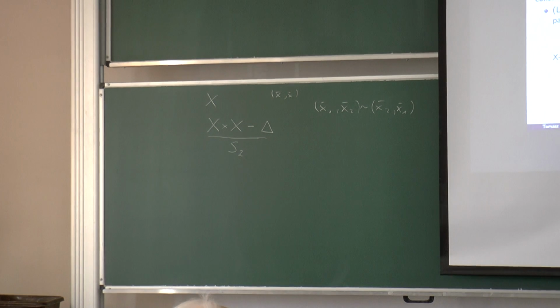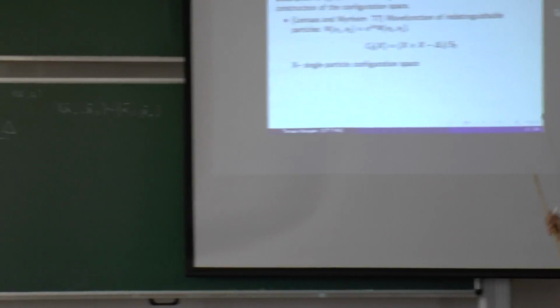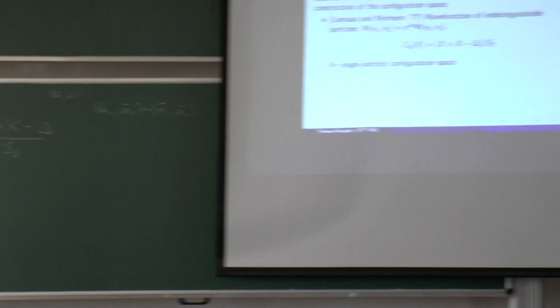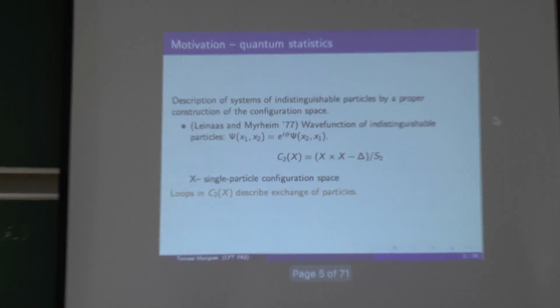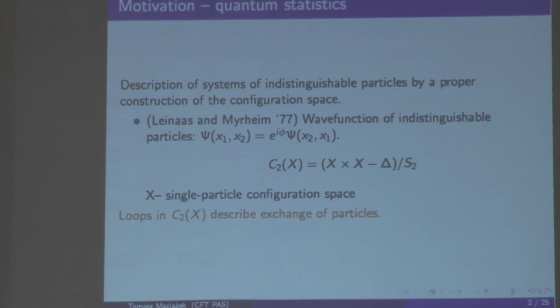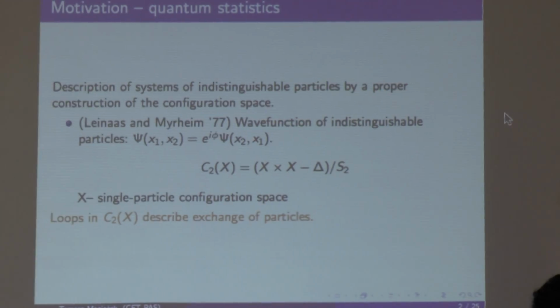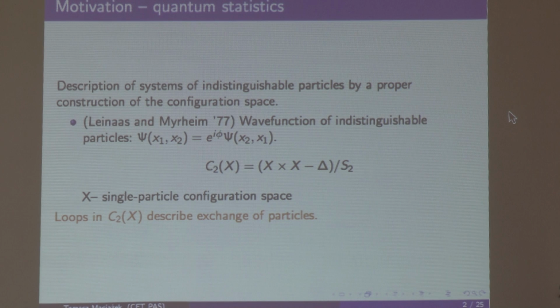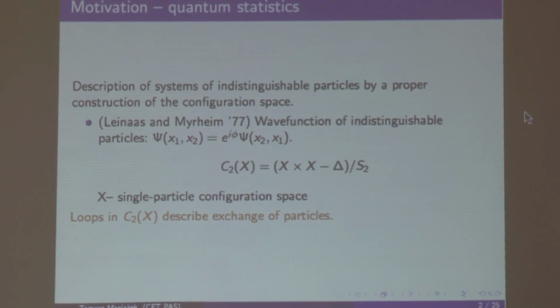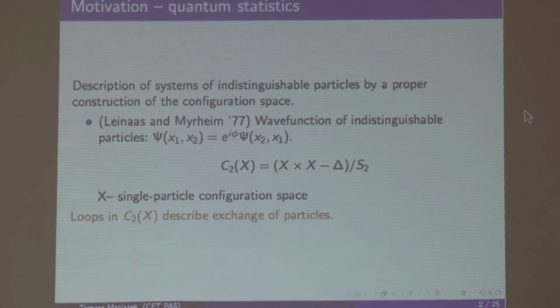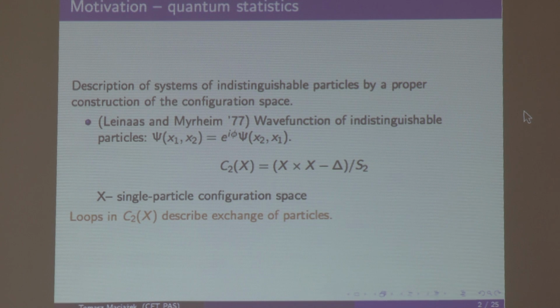So we get some non-trivial space which has some singularities which arise from this diagonal. It also has a nice property that loops in this space may describe exchange of particles, because it means that particles were at some configuration, they did some movement, and they returned to the same configuration modulo the permutation.